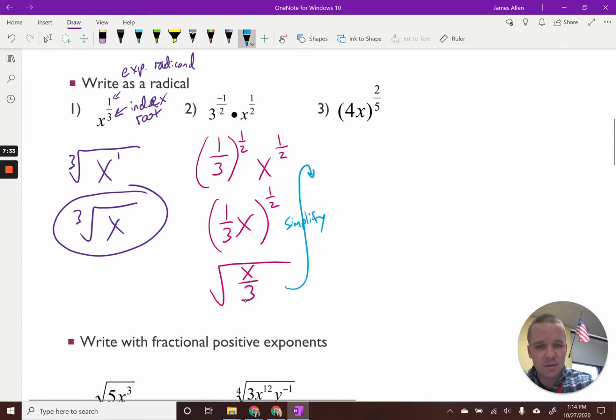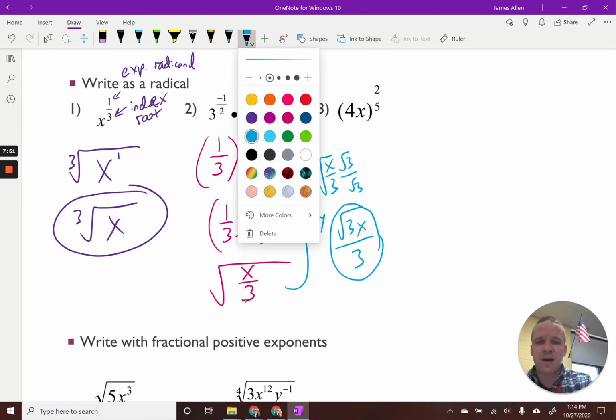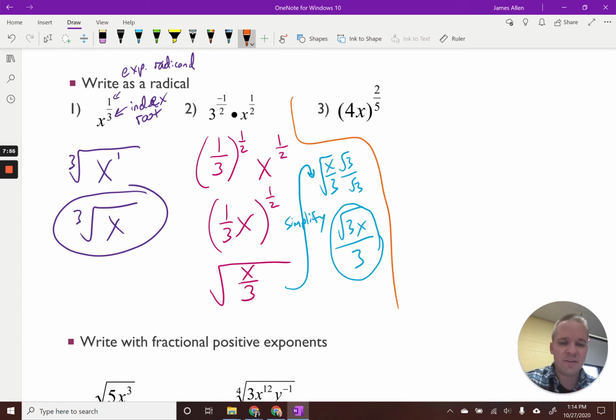So I'm going to multiply this by root 3 over root 3. So now I have the square root of 3x all over 3, not in the radical, and that'd be the fully simplified version, okay? If we're going that simplified route, which, why wouldn't we? It's more work, which is just more fun, right?